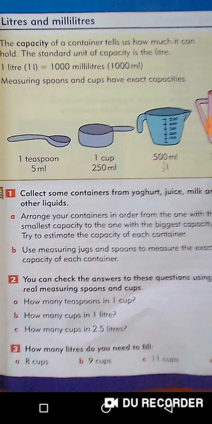Then 1000 can't go into 500, you add 0 to 500, which is 5000. Then 1000 into 5000 will be 5. So it will be 0.25. If you want to change 250 mils into liters, this is how you do it. Thank you very much. This is how we change these things. So, thank you.